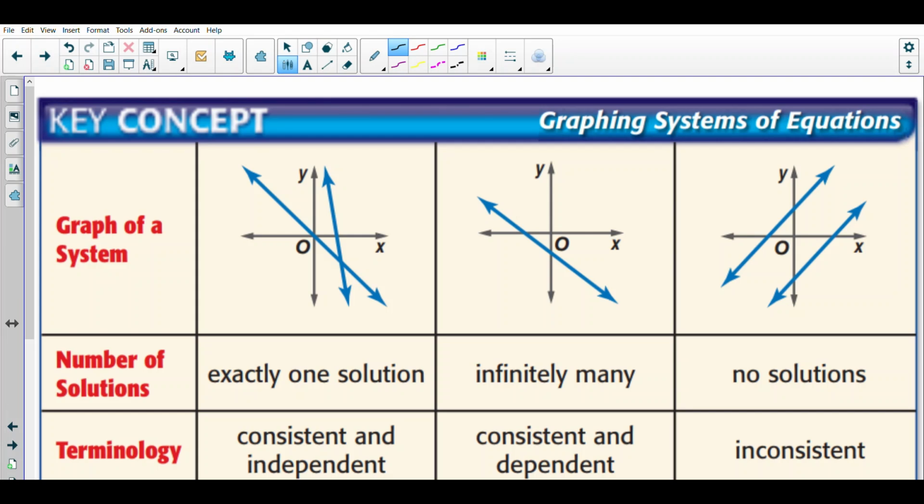The next one seems to be only one line, but there are actually two on top of each other, which tells us there are infinitely many solutions, meaning at every point they're touching. So it's consistent and dependent. And the very last one, you can see two lines that are parallel and do not intersect, which tells us there are no solutions. So if there's no solution, it is inconsistent. So that's what we're going to be talking about today.